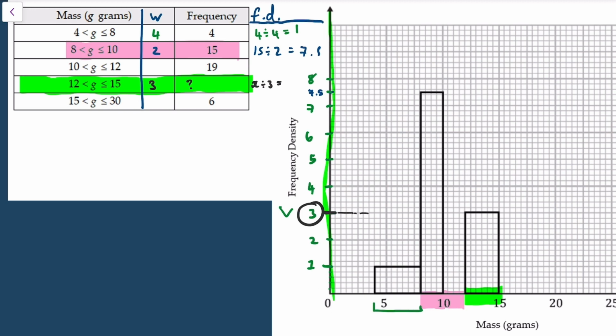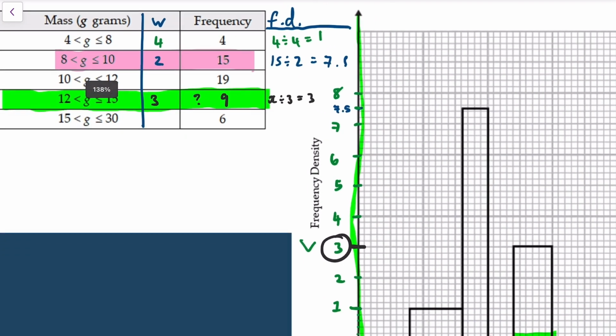If I go across here, there we go, that's 12 to 15. So that's got a height of 3, so the frequency density is the height, 3. So x divided by 3 is 3, which means x must be 9. Okay. So we've completed the table in terms of what was missing.